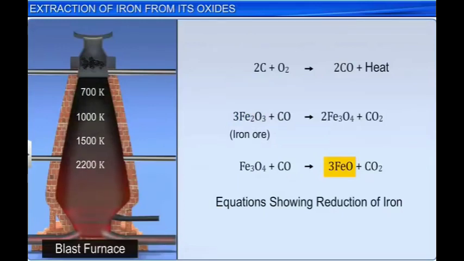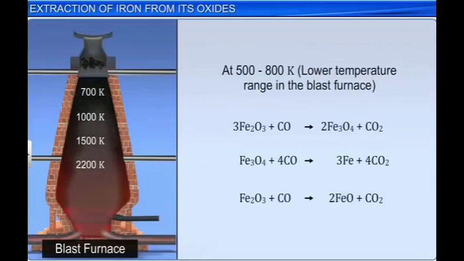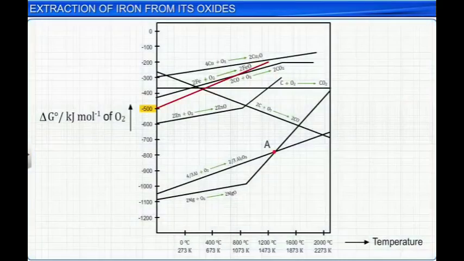Let us now see how iron oxides get reduced to iron in different temperature ranges. Between 500 and 800 Kelvin, carbon monoxide reduces iron oxide. As shown here, carbon monoxide acts as a reducing agent since it has a lower, more negative delta G value for the oxidation of carbon monoxide to carbon dioxide than for the oxidation of carbon to carbon monoxide.